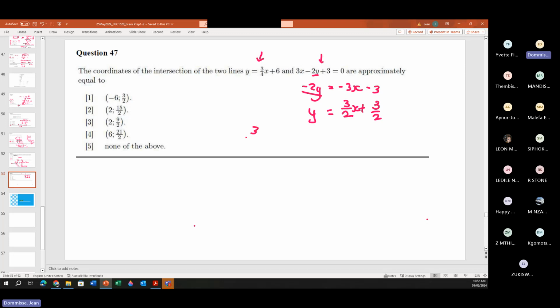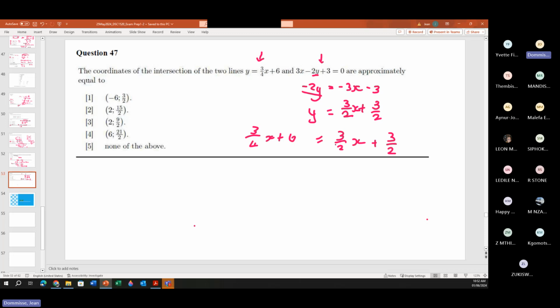So 3 over 4x plus 6 is equal to 3 over 2x plus 3 over 2. So a quarter plus, okay, so that will go over to this side.